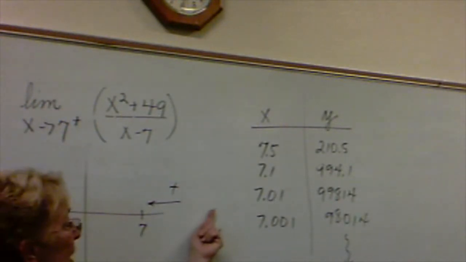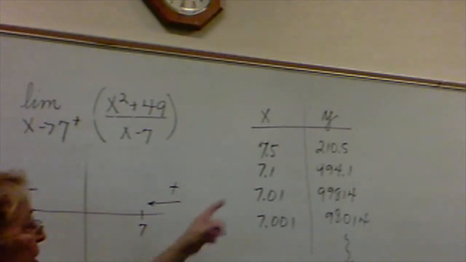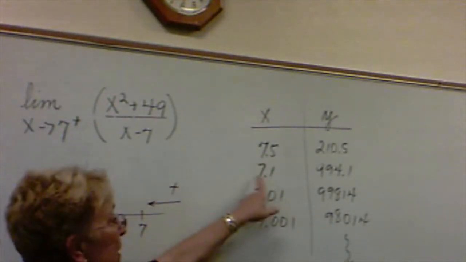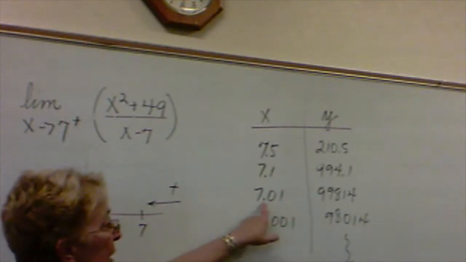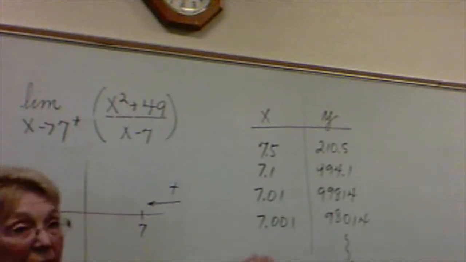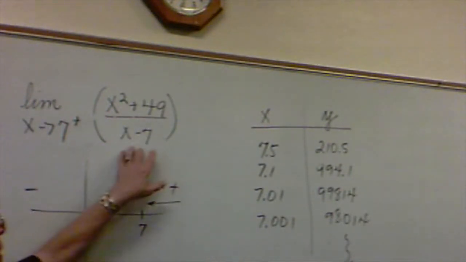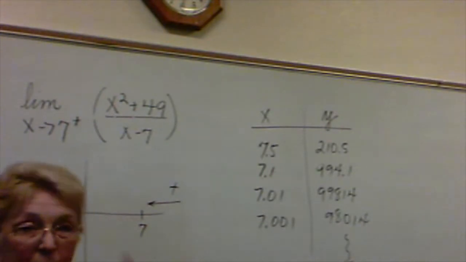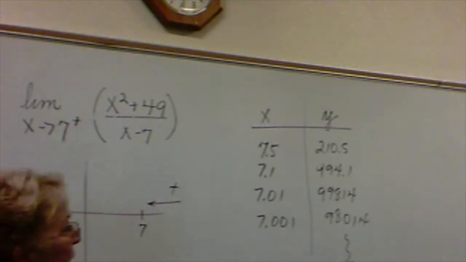So as we do that, approaching 7 from the right, you can see that some of the values chosen were 7.5, 7.1, successively getting closer and closer to 7. Not letting it equal 7, because if we did, then we'd have 7 minus 7, or 0 in the denominator, and we can't have that.